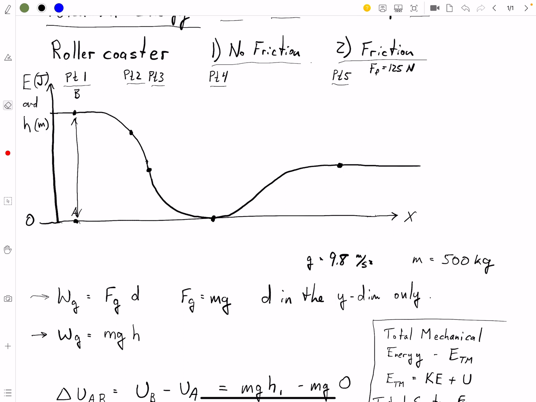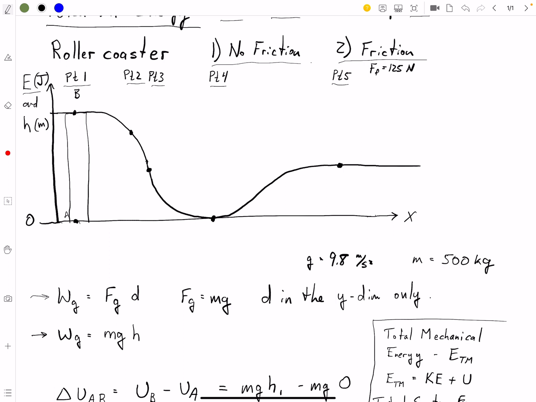All right, let's do it. When we first start out here at point 1, we've got no motion. Let me say one other thing first.